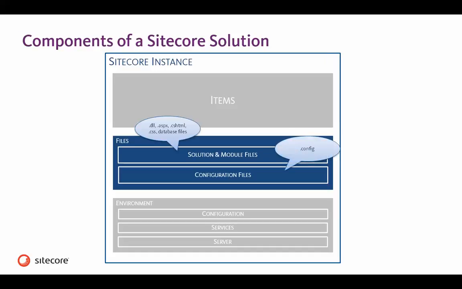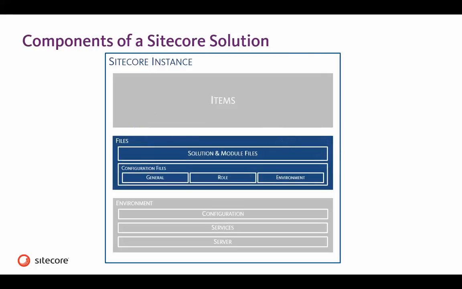And under that, we need configuration. So this is configuration files. Of course, some of these configuration files is down in the environment configuration, but some of them is very solution specific. Which in turn means that we can split this configuration into three parts.